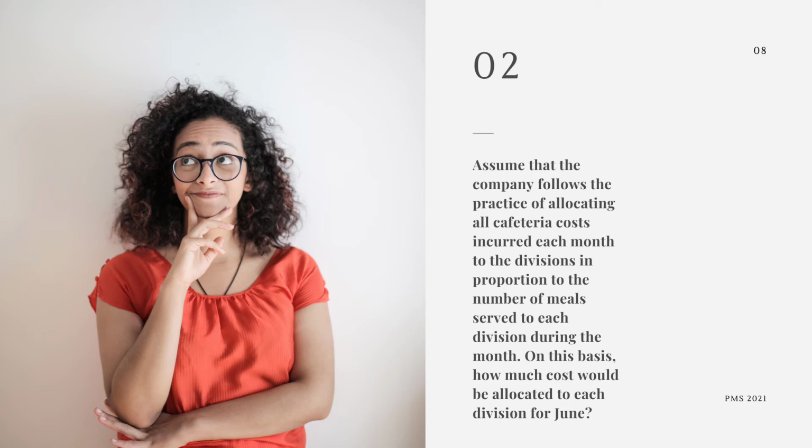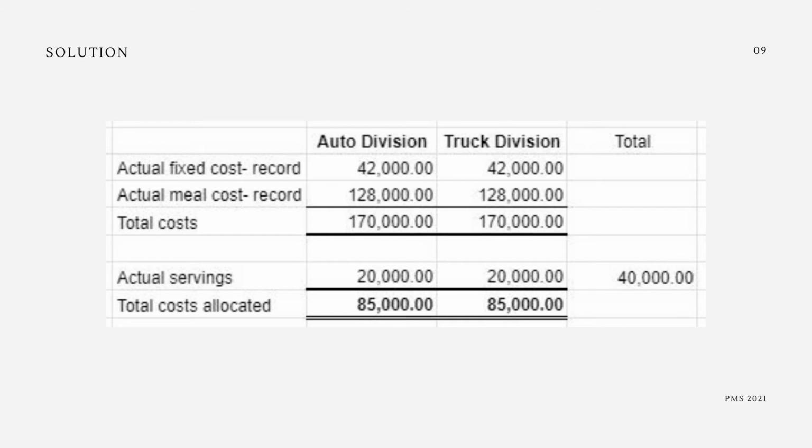As for the second requirement, we are also asked how much cost would be allocated to each division for June. But here, we are going to assume that the company follows the practice of allocating all cafeteria costs incurred in proportion to the number of meals served during the month. So as we can see, we have $42,000 for actual fixed cost and $128,000 actual meal cost for both divisions.